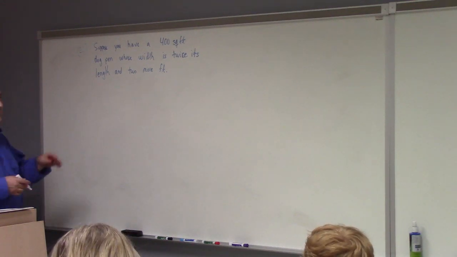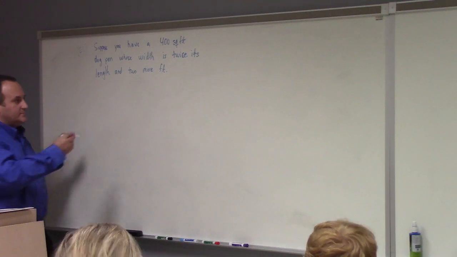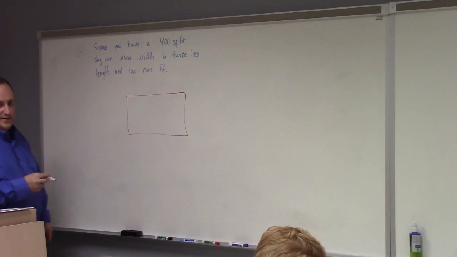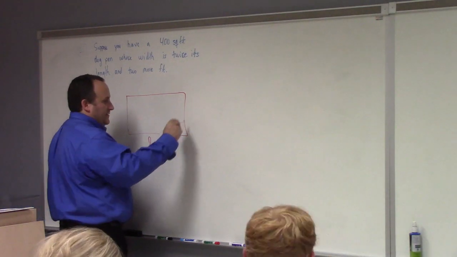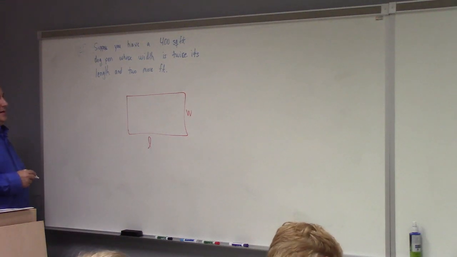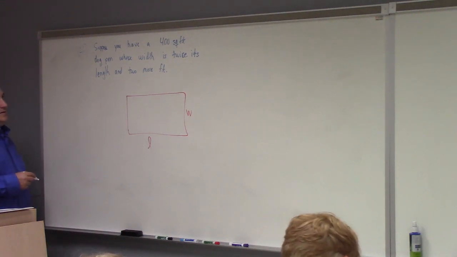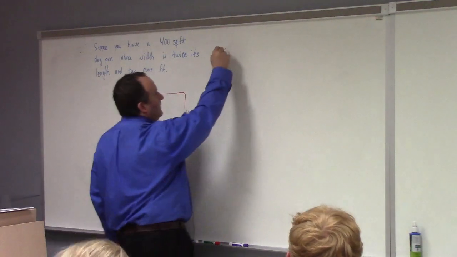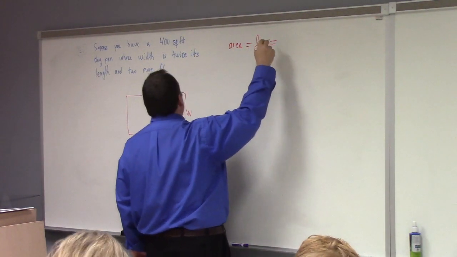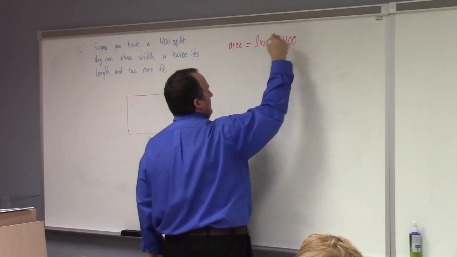Okay, so the first thing you do with a problem like this is you draw a picture, like so. And you label one of these length, and you label the other one width. It doesn't really matter which is which, right? And what do we know? We know that the area is the length times the width, and we also know that that's equal to 400.